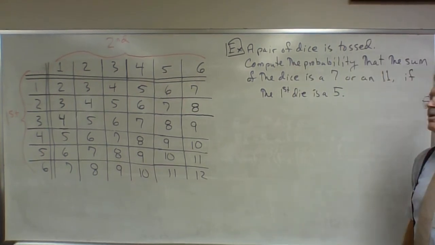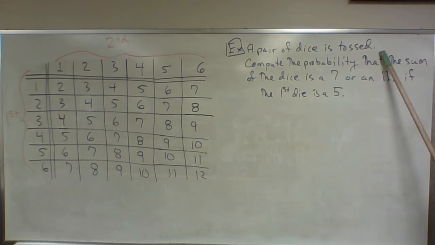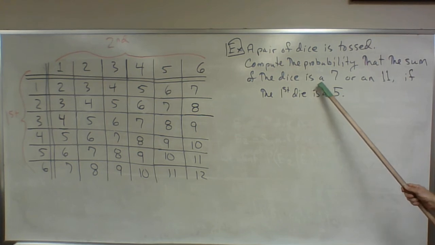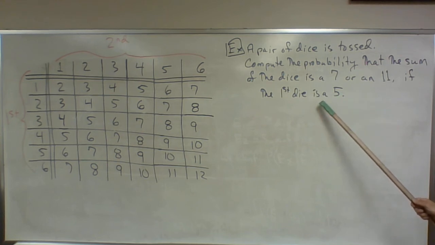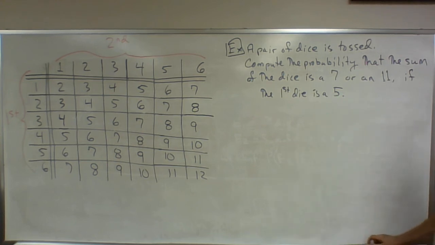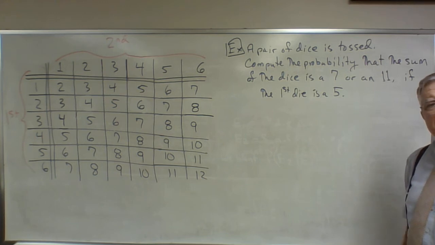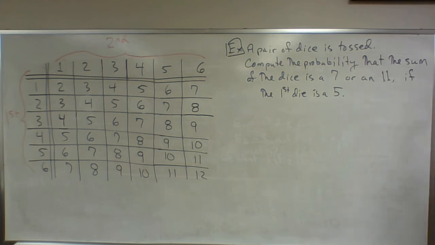A dice problem again. A pair of dice is tossed. Compute the probability that the sum of the dice is a 7 or an 11 if the first die is a 5. And again, let me rewrite that in probability lingo.